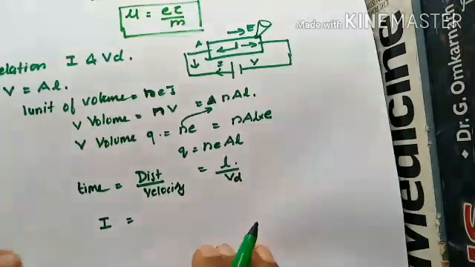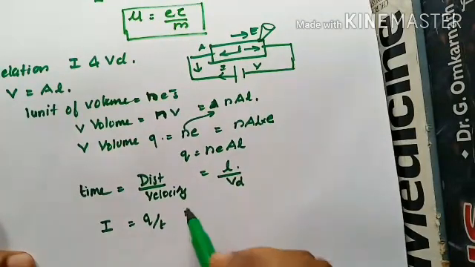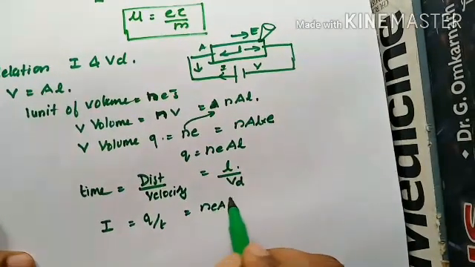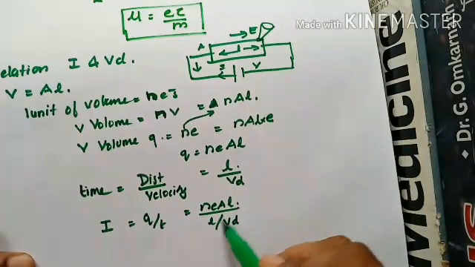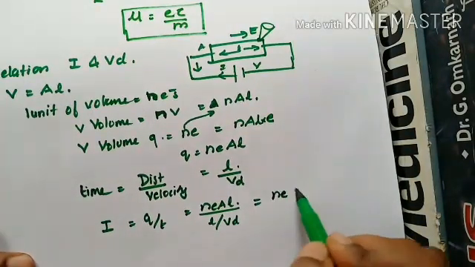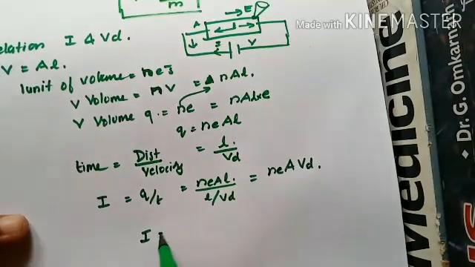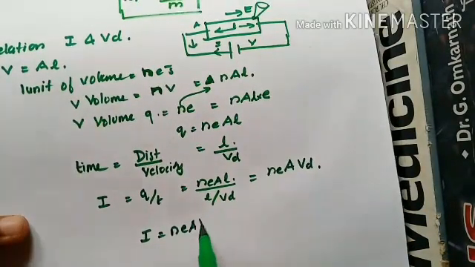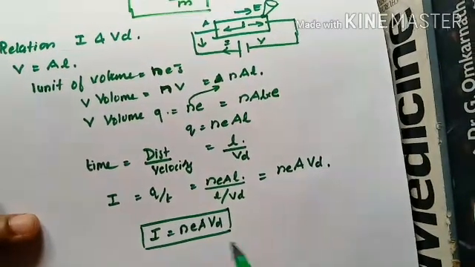I is equal to Q by T. From the above equation, it is NEAL divided by L divided by VD. Now you can cancel L, and you will get the expression NEA VD. So I is equal to NEA VD.